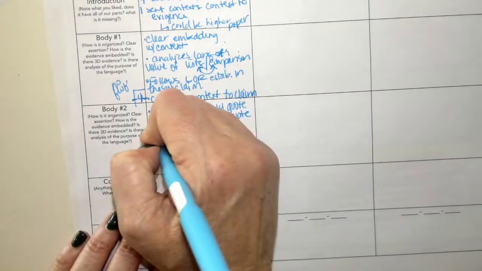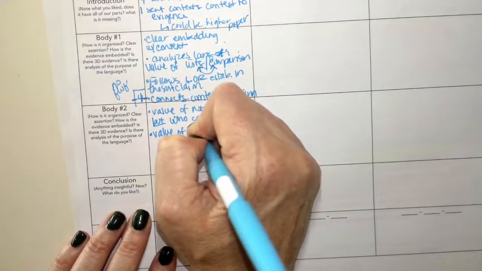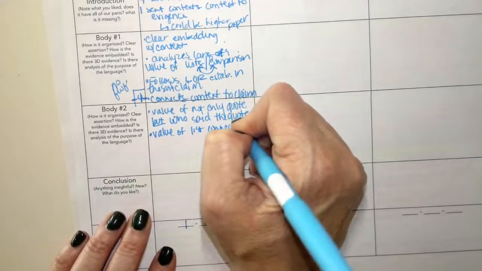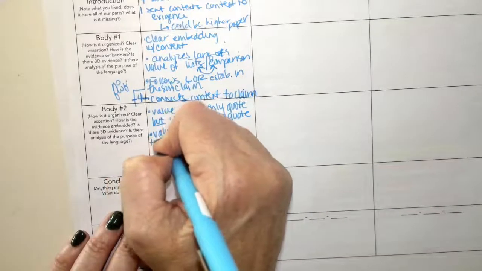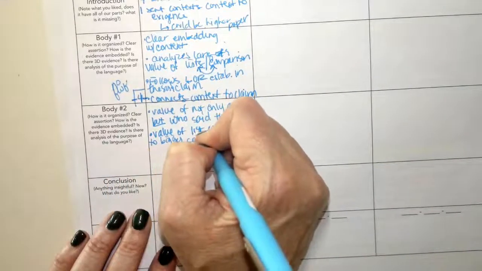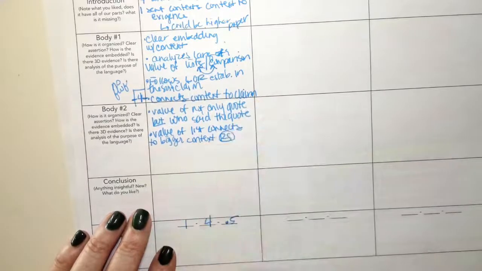What else do we like? Yep. And I think it connects to the bigger picture, right? So it connects to the bigger context of the rhetorical situation, beyond just right then, which to me shows an understanding of not only the passage, but the value of that passage within the context of history.